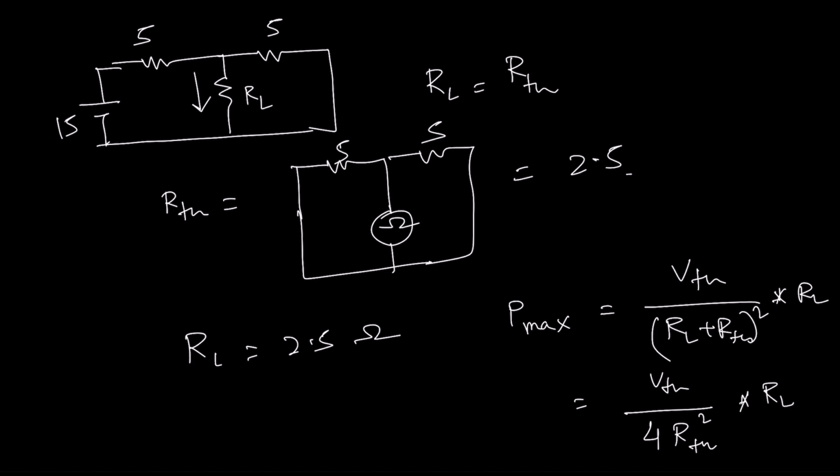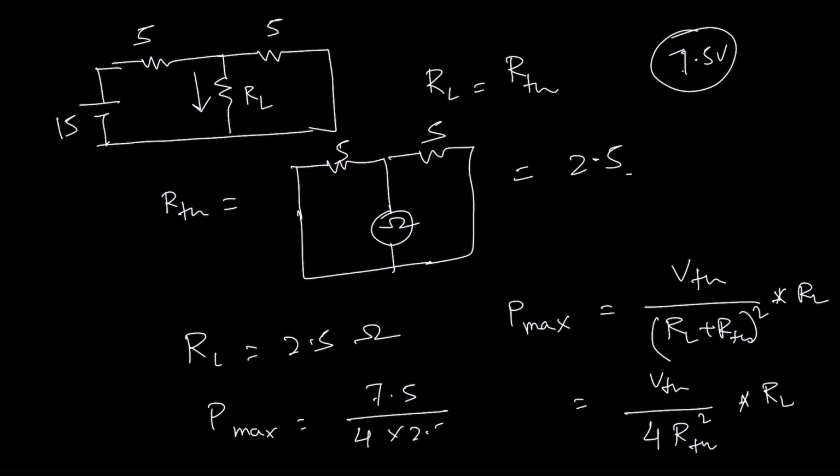If we just replace this one, VTH I already calculated in my last video, VTH will be 7.5 volt, right? So 7.5 volt divided by 4 into 2.5, multiplied by 2.5, okay? So this will be 3 watt. So in the maximum power transfer theorem, the maximum power that can be delivered to the load will be here 3 watt, okay?